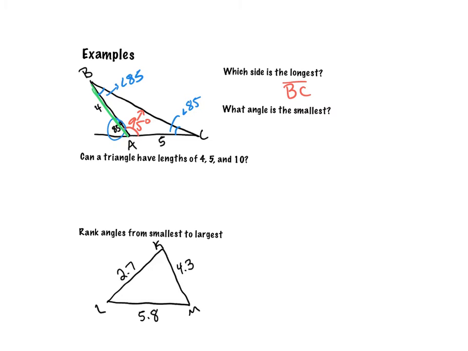So I look at what angle is opposite of BA. What angle is opposite of side BA? BC. No, angle. Angle C, right? Angle C is opposite. So angle C is the smallest.